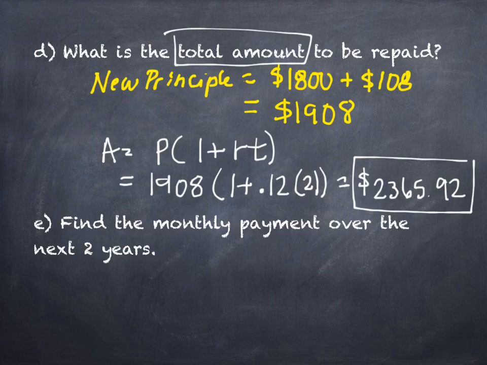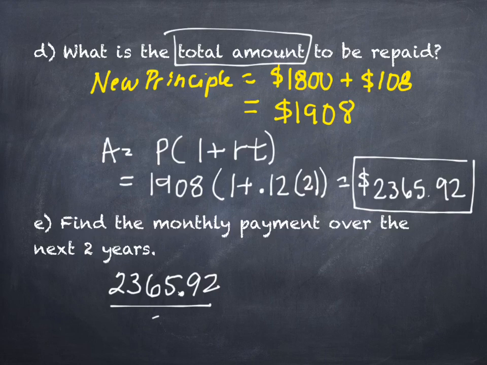So if I make payments over the next 2 years, how would I figure out my monthly payment? Okay, 2 years is 24 months. So what am I going to do with 24 months? Right. So I'm going to take the amount that I owe, $2,365.92, and I'm going to use the 24 months.